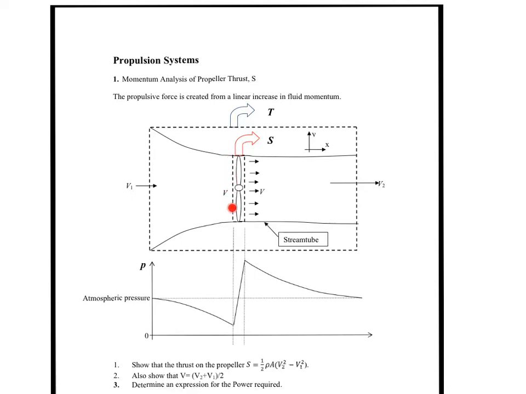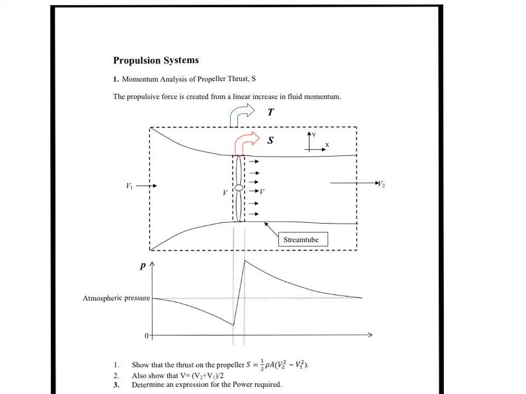So A1 and the velocity is V. After the propeller, it is A2, which is equal to A1. So the velocity after the propeller must be the same. The difference is the propeller creates an increase in pressure. So don't forget this.